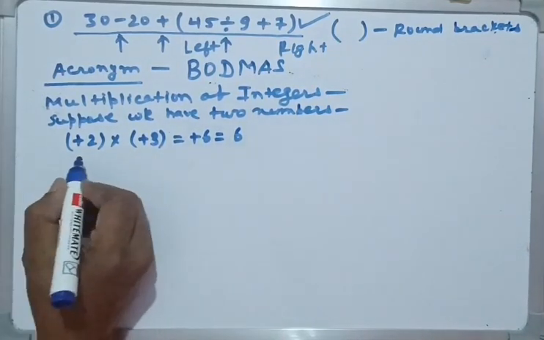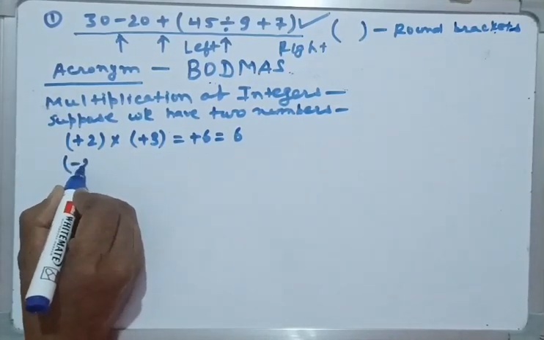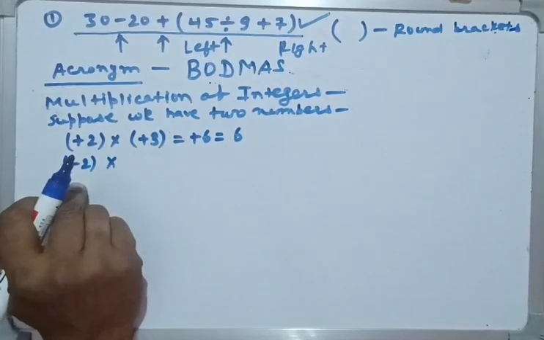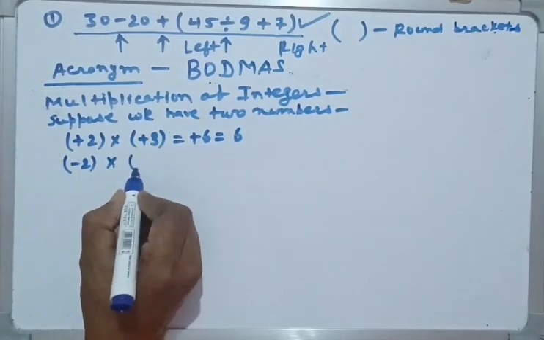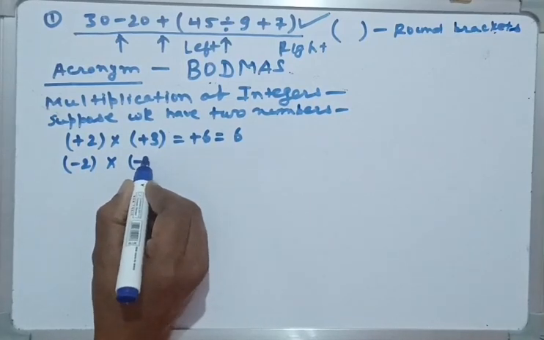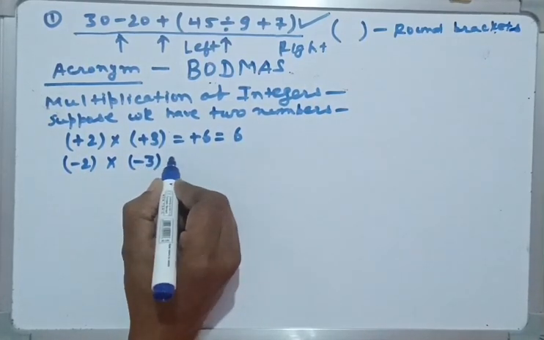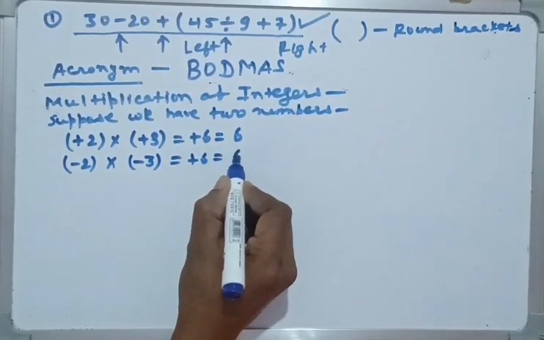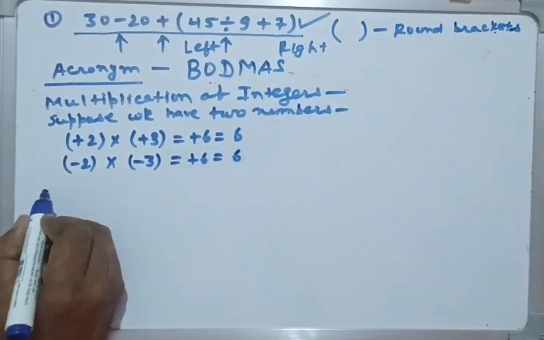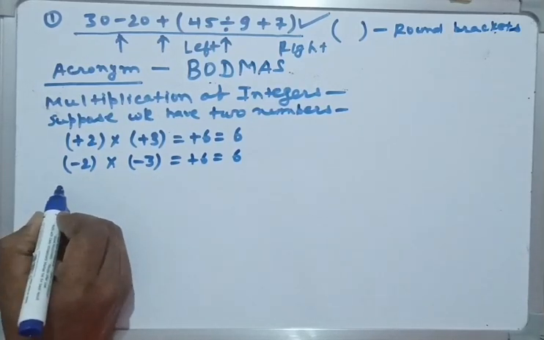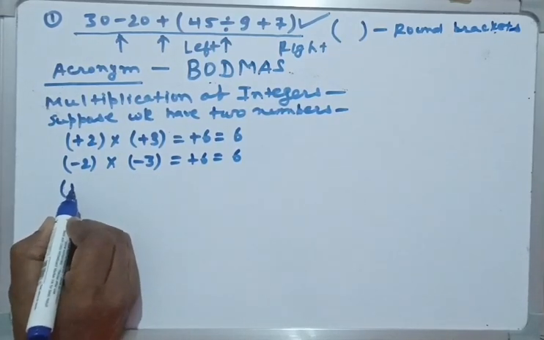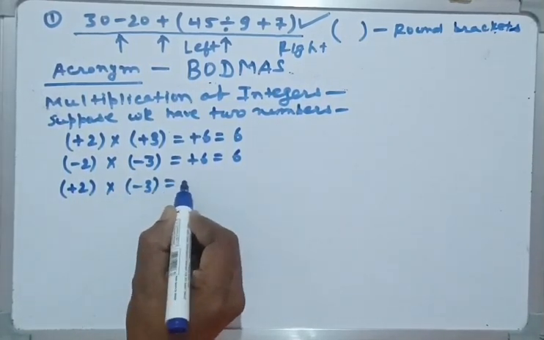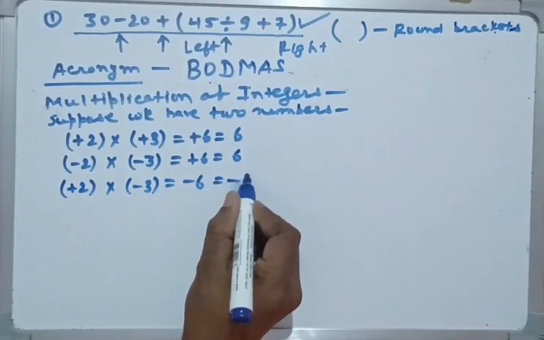Okay guys, see, when the first integer is negative and the second number is also negative, then the answer is also +6. And when you take the product of two numbers where the first is positive and the second is negative, then the answer is negative, -6.